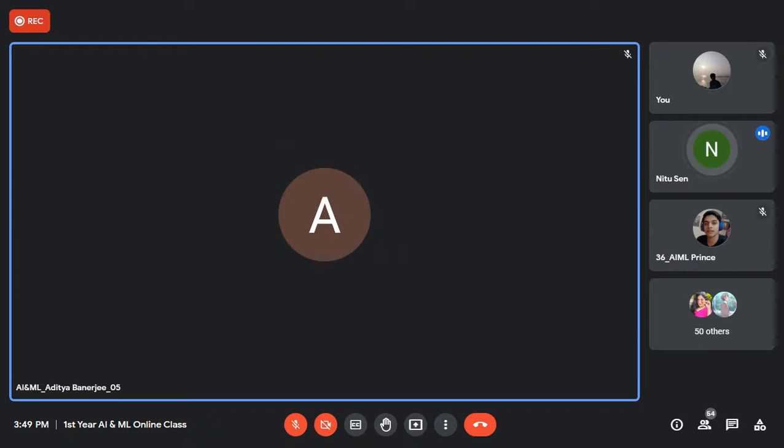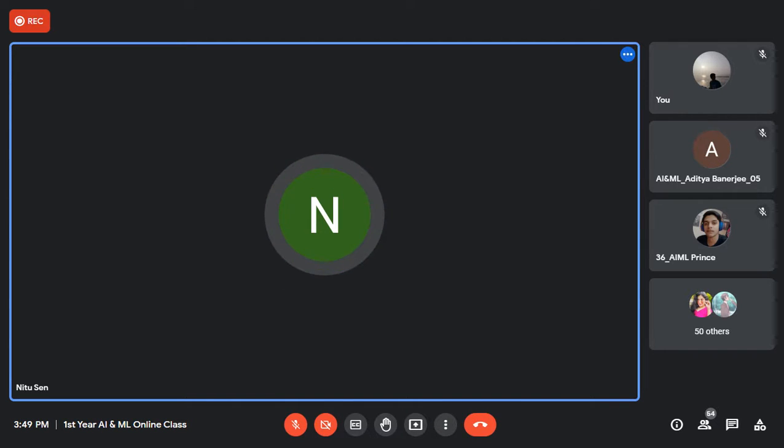Quantity is 1 and your type is tungsten filament. You know about tungsten filament, no? Earlier we were using that type of lamp only. Nowadays, various types of LEDs are there. And the range is 100 watt. Maker's name is Philips.